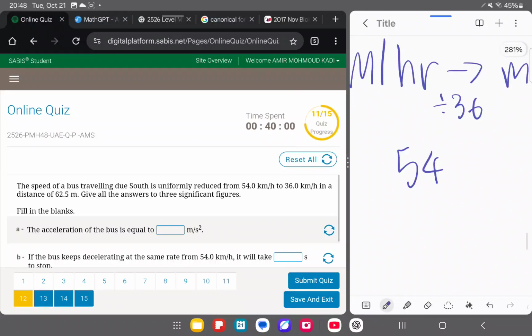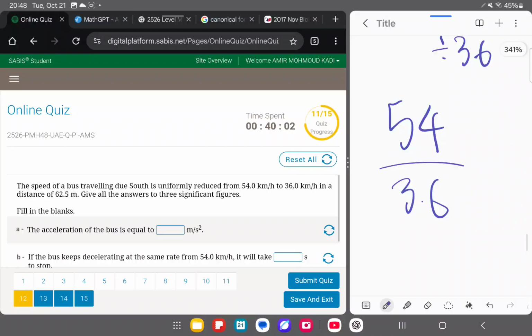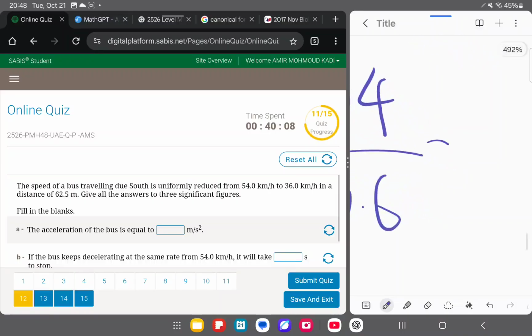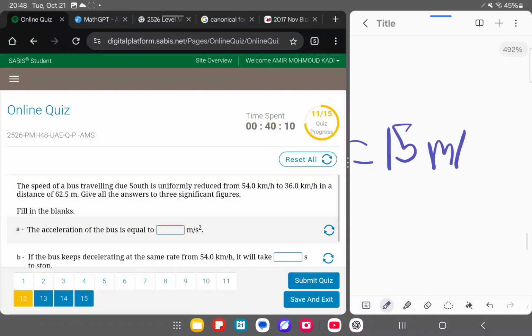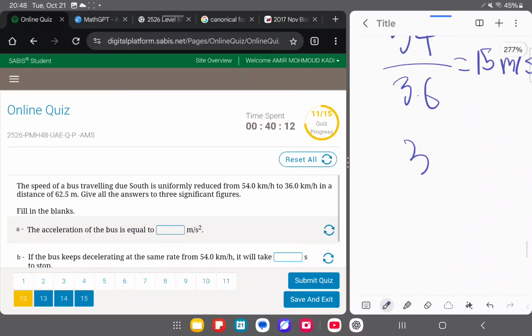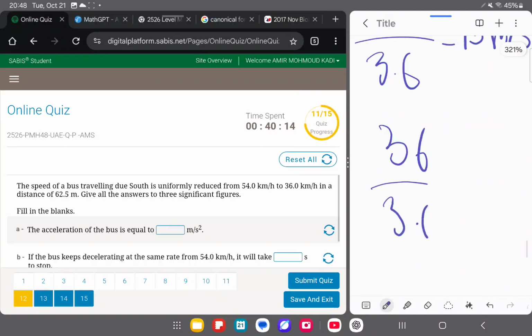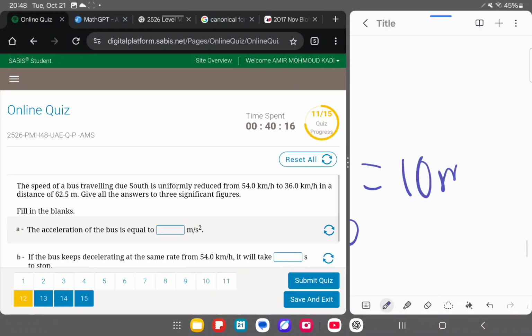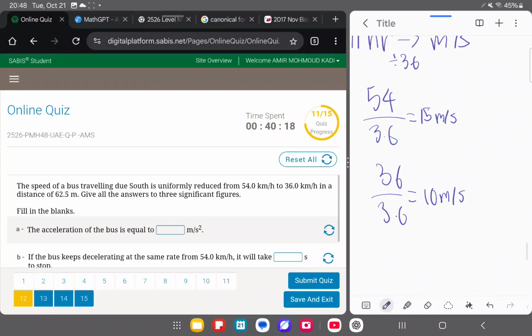So 54 divided by 3.6 is 15 meters per second, and then it decelerates down to 36 over 3.6, which is 10 meters per second. So it decelerates by 5 meters per second, while traveling distance 62.5.